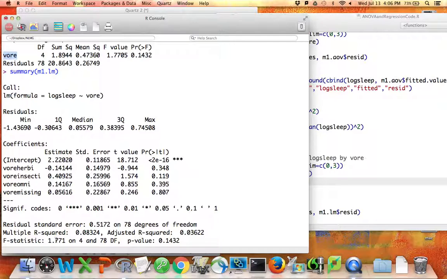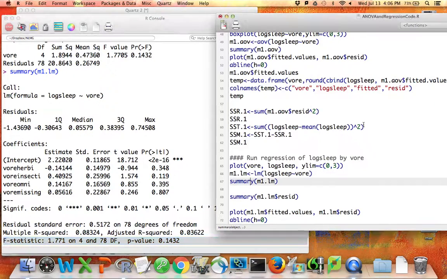So again, the very bottom row of the regression output gives the same thing, in this case, that you'd get if you just did the ANOVA, because this is a test for whether this model is any better than an equal means model. And that's exactly what the ANOVA was asking as well. So in this case, there is nothing new to be learned from showing both the ANOVA output and the regression output, because the ANOVA output is actually summarized as part of the regression output.